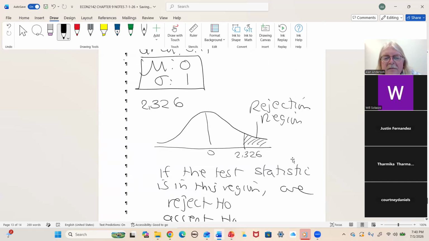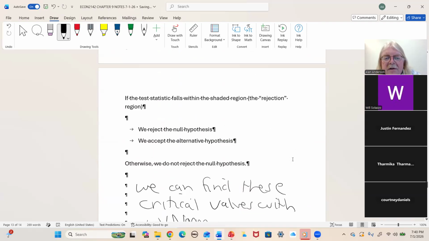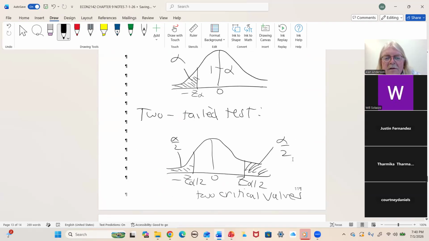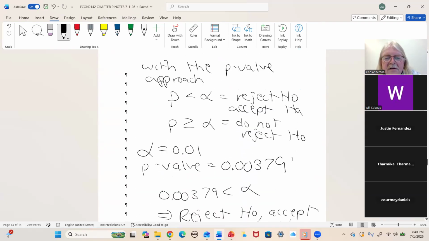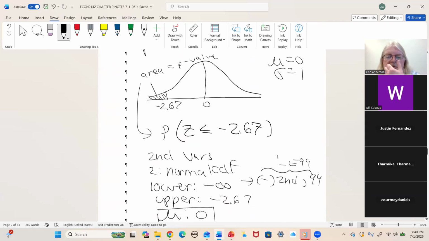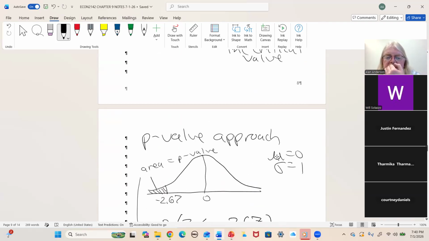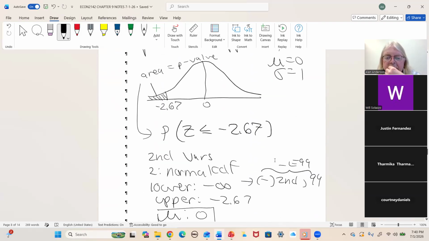And our value up here is, where is it? Negative 2.67.